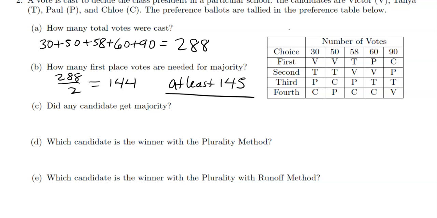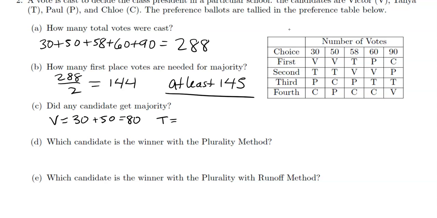Then our question is, did any candidate get a majority of first choice votes? Let's look at how many first choice votes each candidate got. V has 30 first choice votes in the first column. He's also first choice in the second column, so that's another 50. And that's it for him, so that's a total of 80.